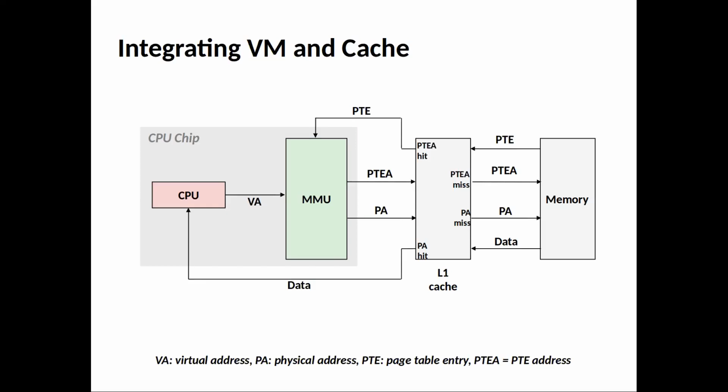So naturally, if you have some page table entries in cache, then hopefully you don't need to read it from memory at the very least, right? But if you look at the cache itself, maybe sooner or later this page table entry is going to get evicted. Maybe there will be some other data stored in cache.